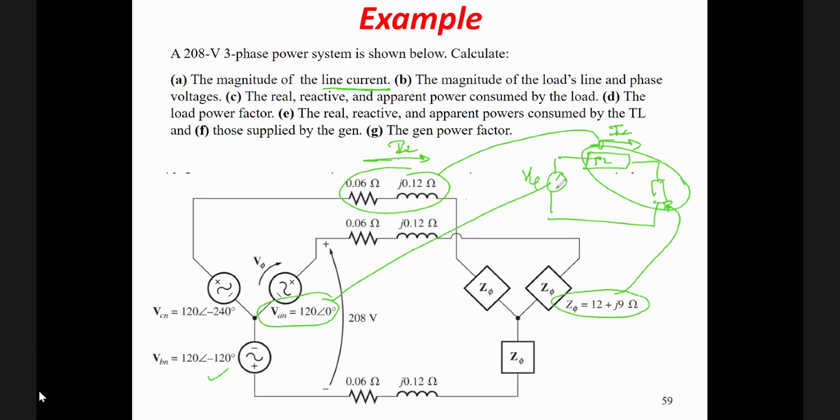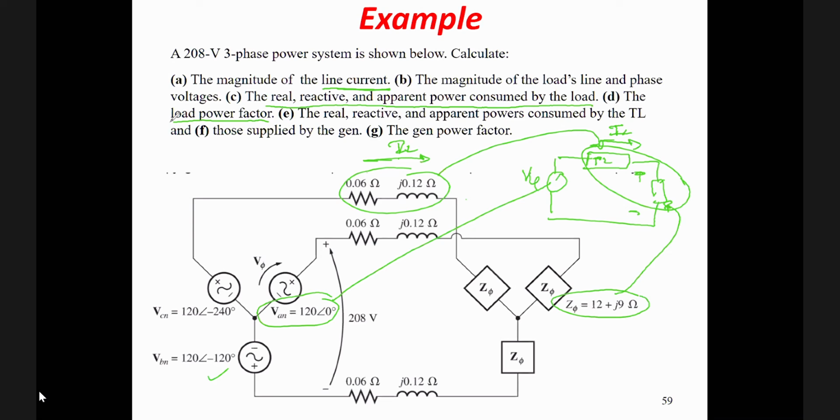Again, since we have the current here for single phase, we can find the phase voltage at the load, and use the relation between the line voltage and the phase voltage for the Y connection to find the line voltage. The real, reactive, apparent power consumed by the load, similar to the previous example. The load power factor, how can we find the load power factor?